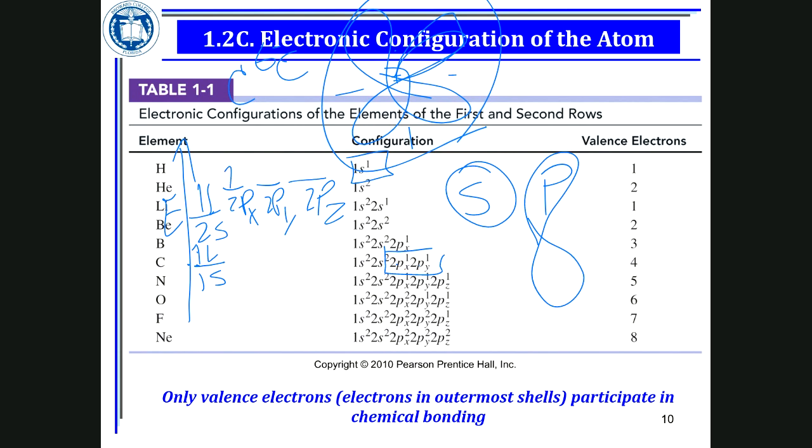Electron number 6, where would it go? 2py. This is the second rule that we have to apply. These are degenerate orbitals, and the reason I drew this energy diagram is to show that 2px, 2py, and 2pz are, for the best estimate, on the same energy line. So they have the same energy.